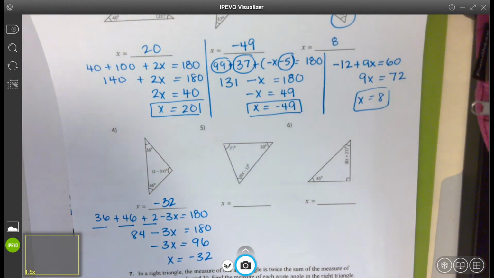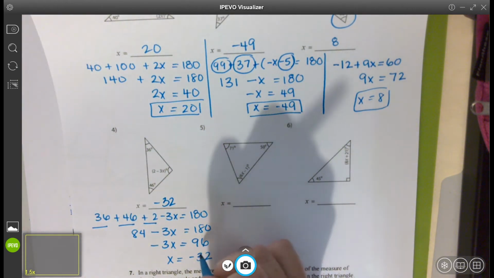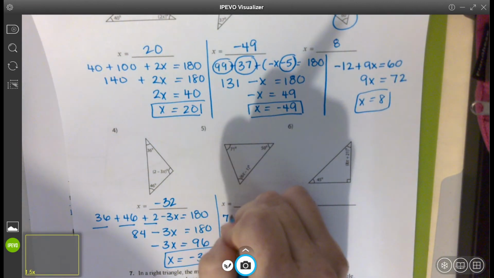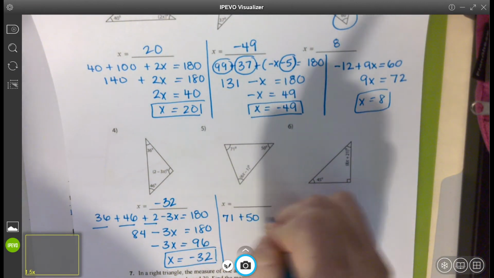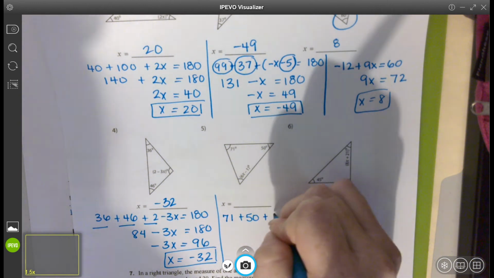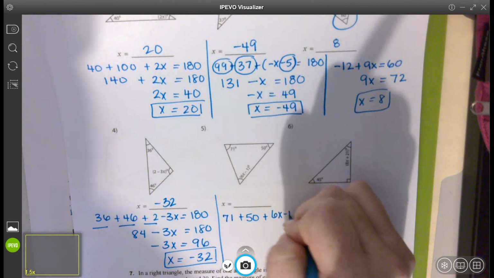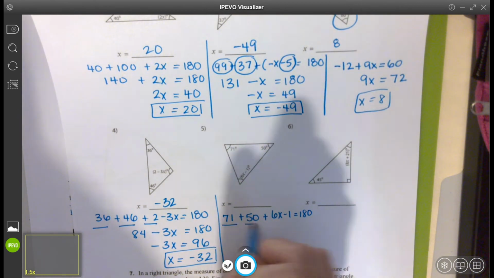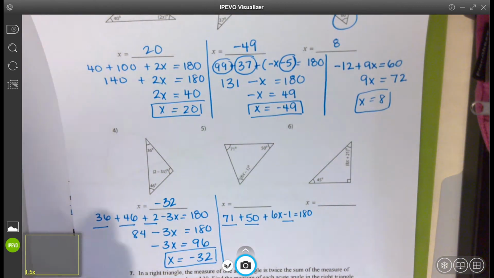All right, number 5. So number 5, we have 71 plus 50 plus 6x minus 1 all equal to 180. So again, combining like terms. I really do like underlining or highlighting or circling my like terms to make it easier for me so I know I didn't forget one.